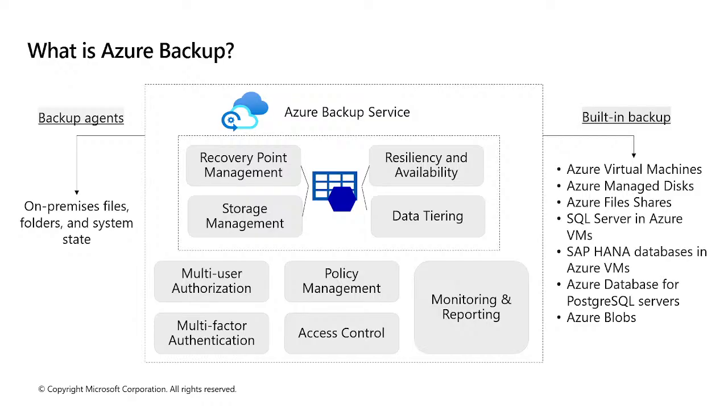You just back up what has changed. That's what we call incremental. So every backup you do is tagged a recovery point, and you can return to that point and say, this is my restore point, this is where I want to restore from.